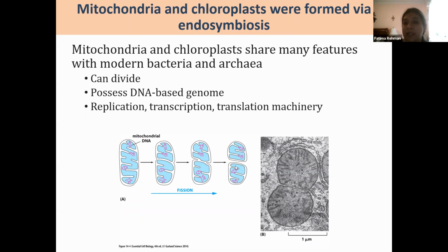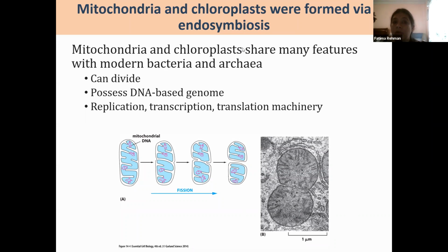And when they ingested it, they were able to somehow survive in that space, and they were able to help the cell that took them up by providing them with photosynthetic ability or the ability to more efficiently break down their own food and generate energy from there.